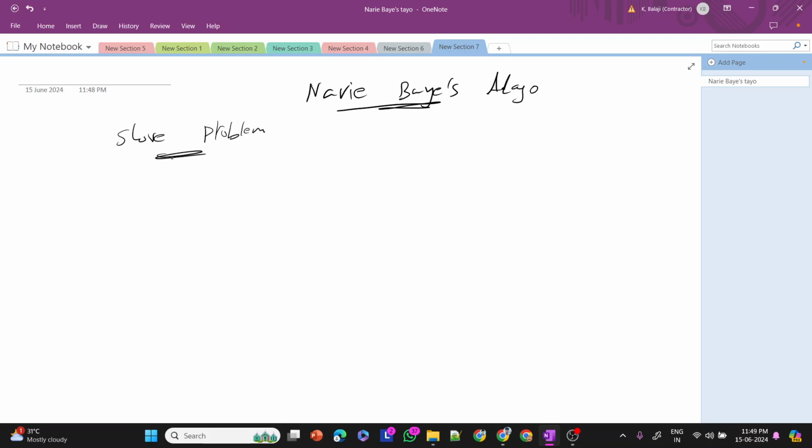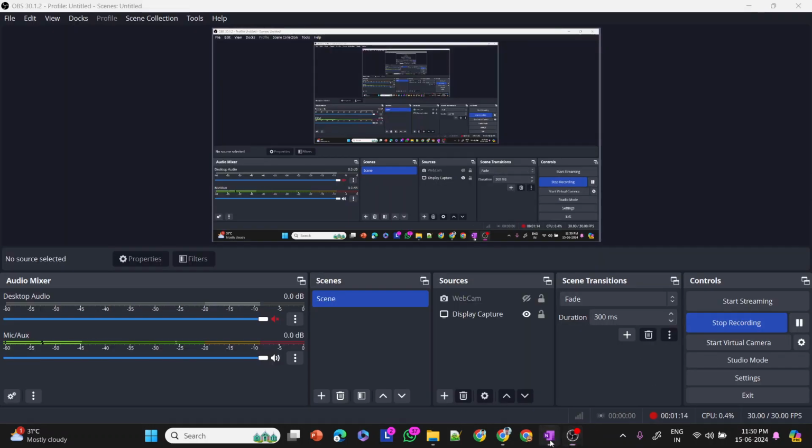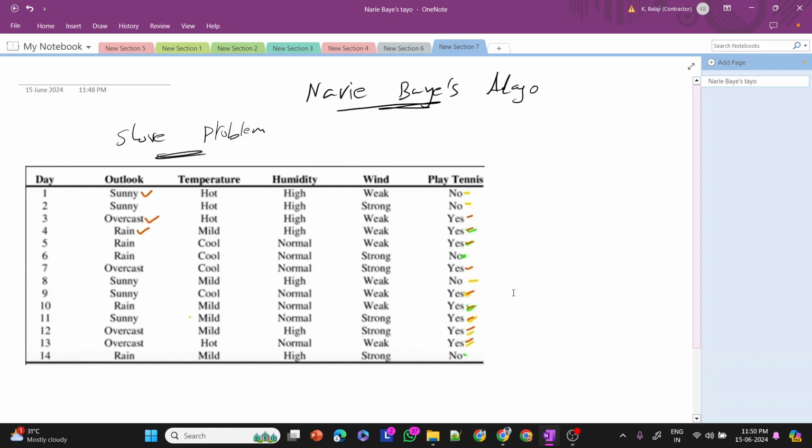Let's take a data set. This is the data set which we have. This data set is providing some details about whether the person is going to play tennis or not, depending upon the weather condition.